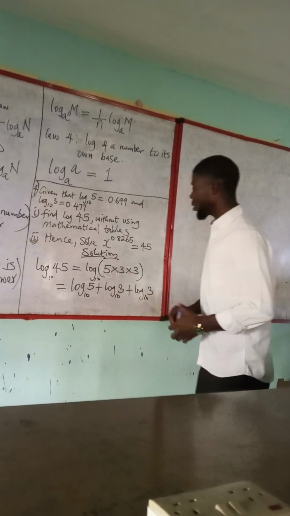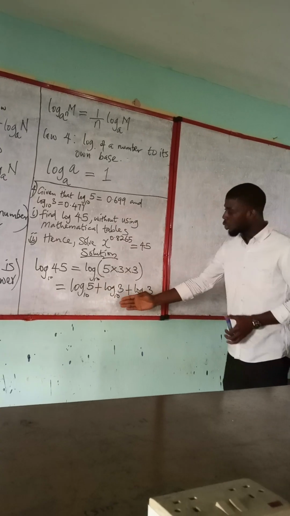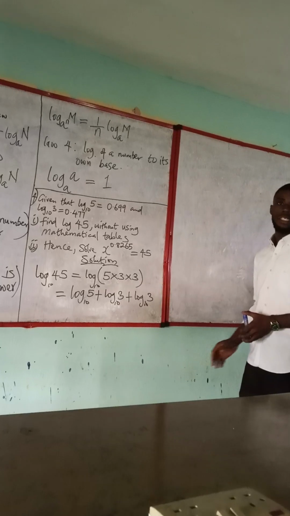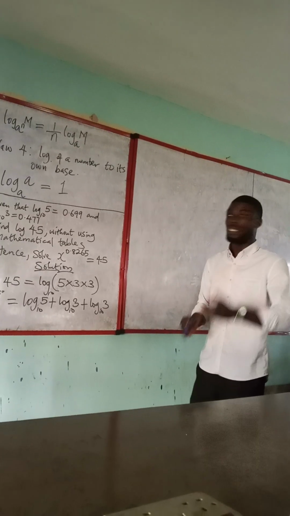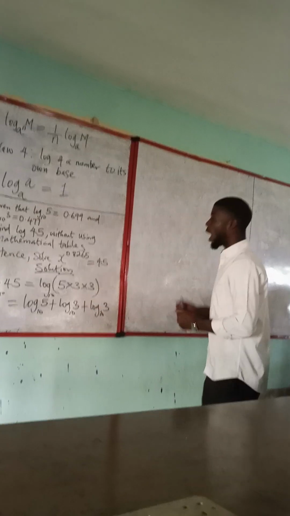Do I know log base 10 of 5? Yes. Do I know log base 10 of 3? Yes. Do I know log base 10 of the other 3? Yes, without using any table. Obviously, it's not permitted that you use a calculator for this part either. So how do I solve this?